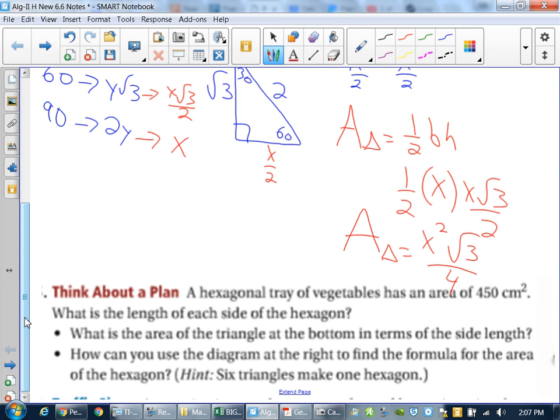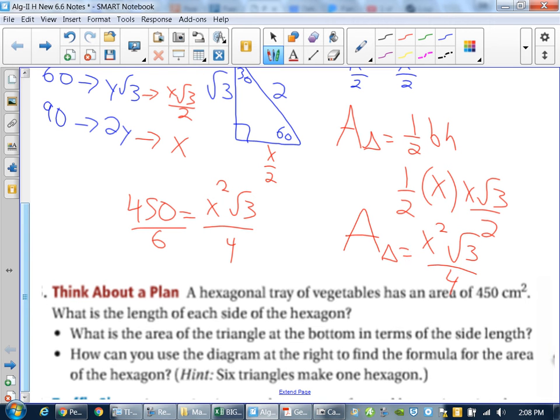So lastly, if it says 450 is x squared root 3 over 4, well, it's over 6, because you did say there were 6.